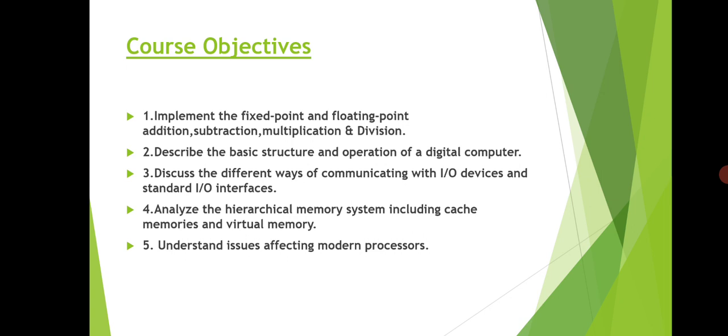This is something you have already studied from your school life. In school you have seen what a digital computer is, what the different parts of a digital computer are, and what the internal structure is, so you will have a little bit of an idea. That we will discuss in our second course objective.